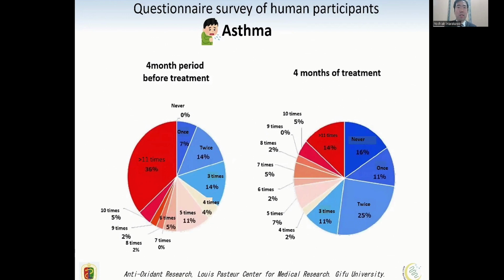After 4 months, the number of patients who had 4 or more attacks decreased to 1/3. In particular, those who had 11 or more attacks decreased by 1/3, and 16% of those who had never had an attack. 20X was shown to have the potential to reduce the number of attacks in asthma patients.